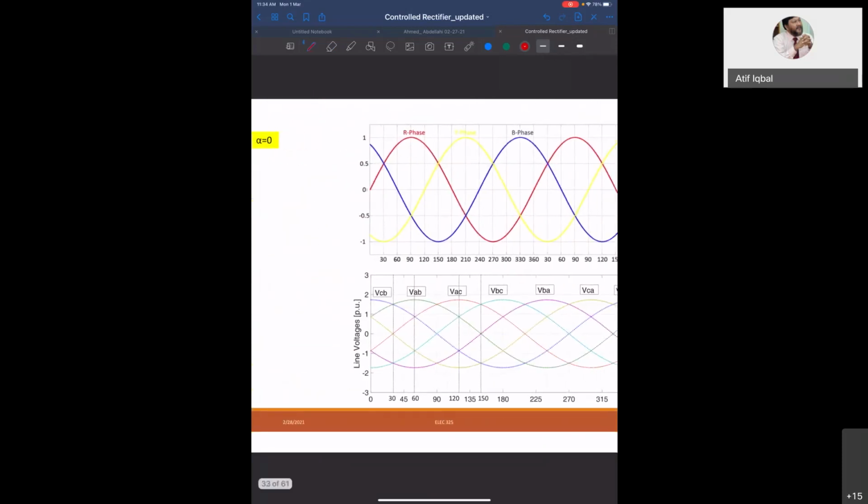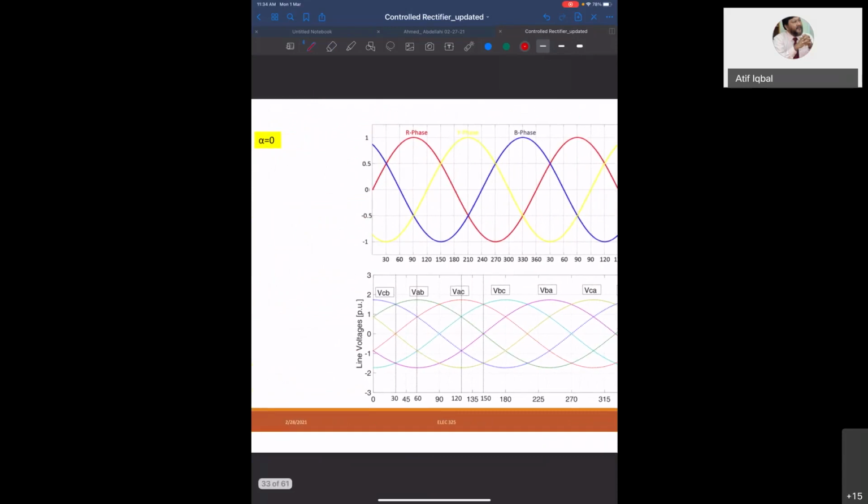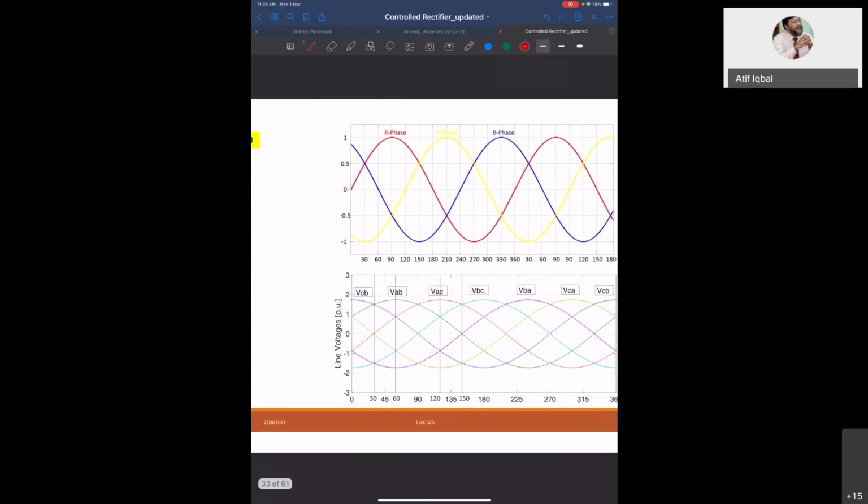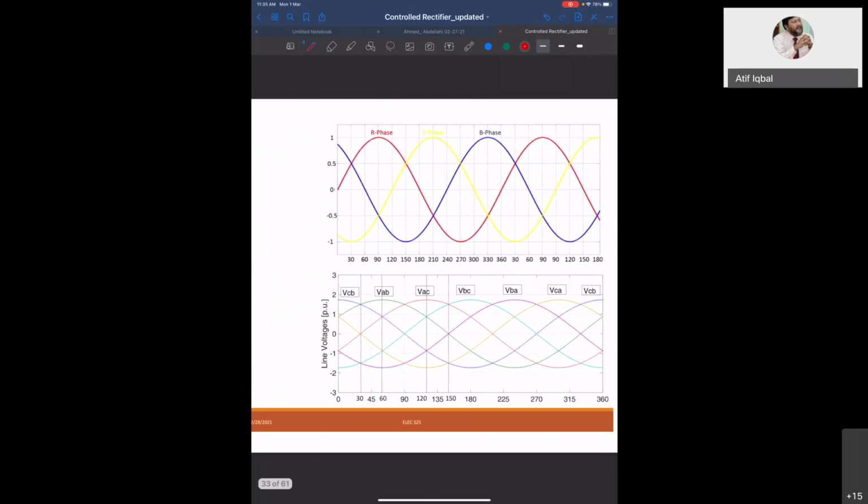Now I will explain an important concept: how to draw the output voltage. To draw the output voltage in a full bridge controlled rectifier, we need the phase voltage waveform as well as the line voltage waveform.